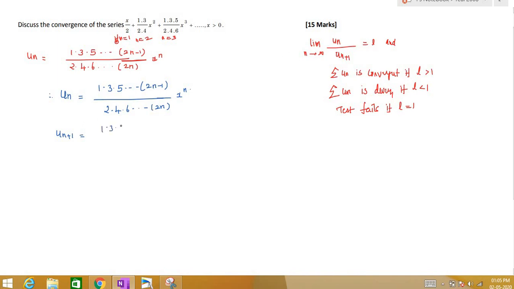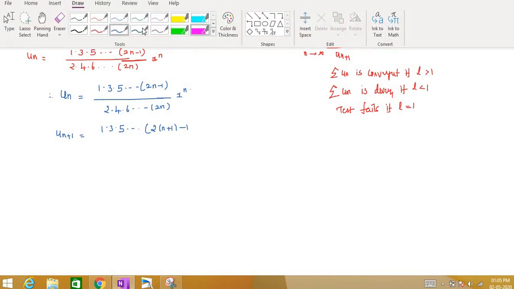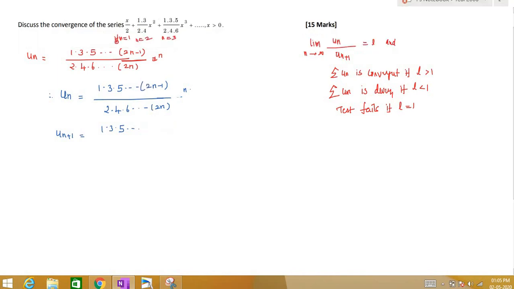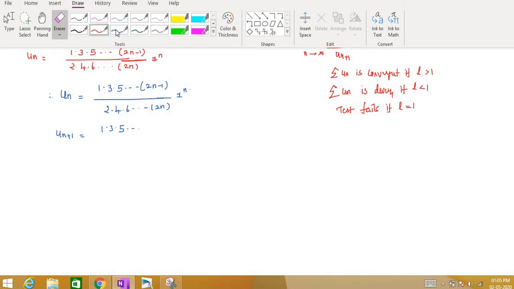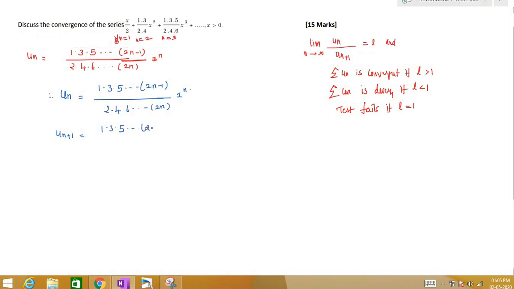So this will be 1, 3, 5. In place of n, it will be 2n plus 1 minus 1, right? For the next term, it will be 2n minus 1 and the next term. So that means 2n plus 1 minus 1 divided by 2, 4, 6 up to 2n and the next term 2n plus 1 into x power n plus 1.